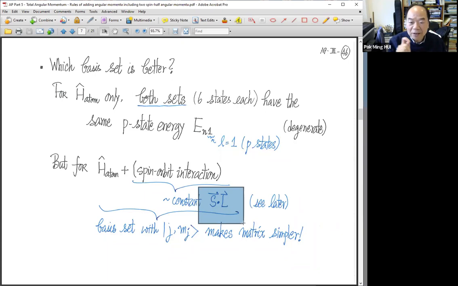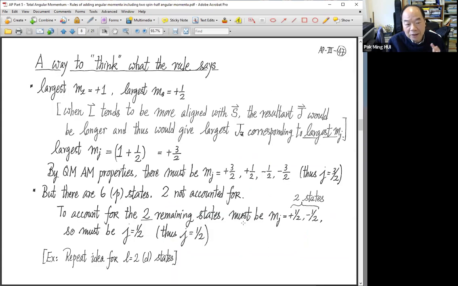Immediately you see that, for example, LZ is not commuting with LX, LY. So that description will be very difficult to handle this dot product. It will not be convenient, okay? So the set using total angular momentum J, MJ, will be much more convenient when we have this term in hand. We will see it in the next section.